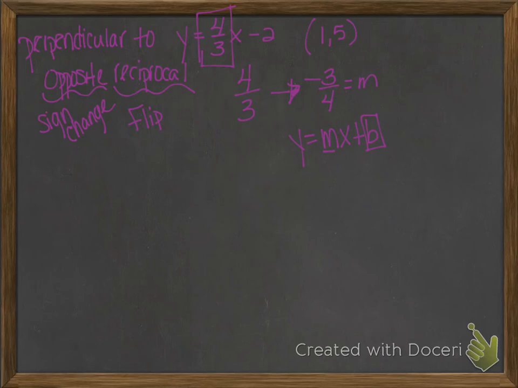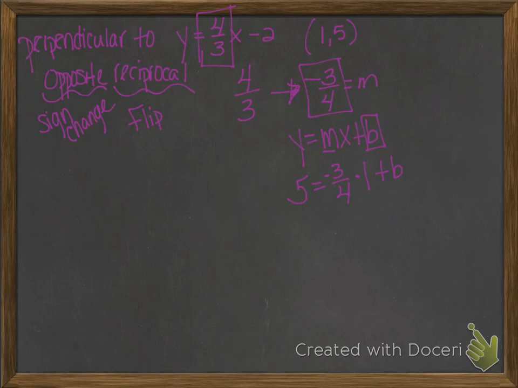So our point was 1, 5. That would give us a y of 5 equals our slope, what we just found, this negative 3/4, that's what we're going to plug into our equation now. So negative 3/4 times, and then our x from our point was 1. And then plus b. Okay?